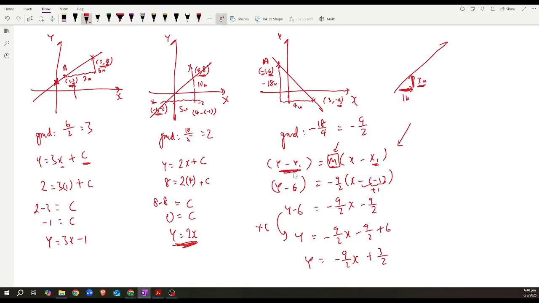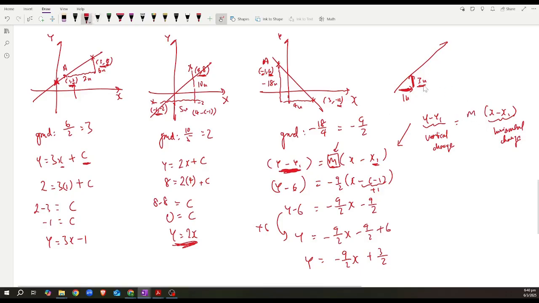So if you look at this, y minus y1, you are capturing the vertical distance. Y minus y1 is the vertical change. This will be a multiple of your horizontal change, which is x minus x1. And that multiple is captured by the gradient, sorry, let's use m.